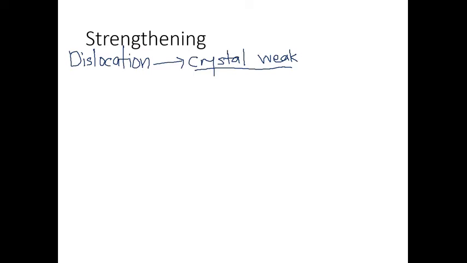Because it forms plastic deformation. It means that the arrangement of the atoms for that crystal is not similar to the original crystal. That's why it will form plastic deformation.